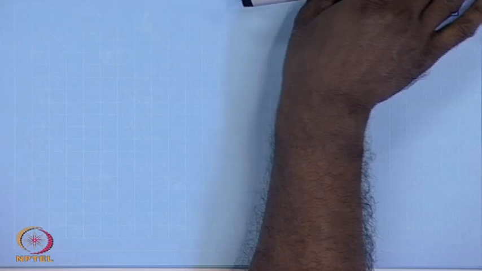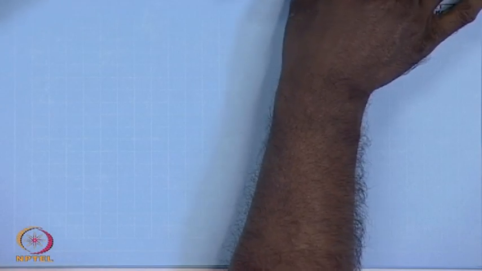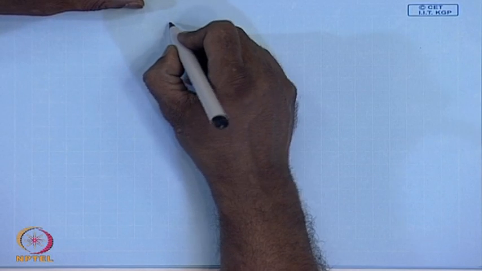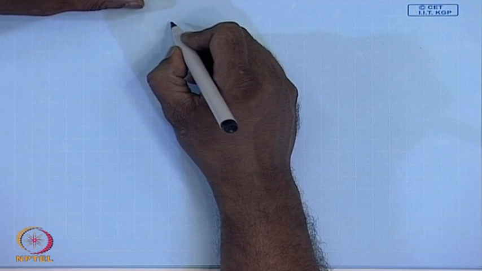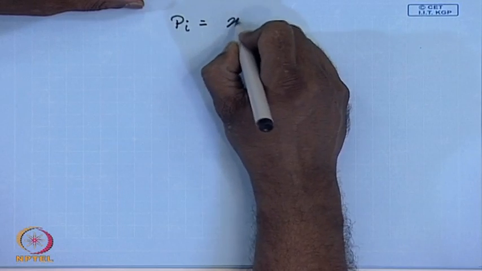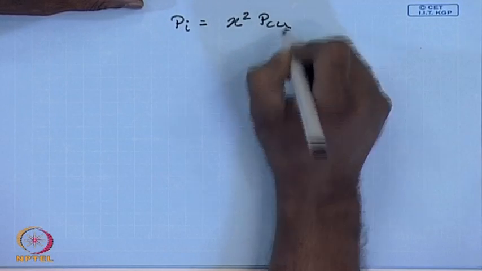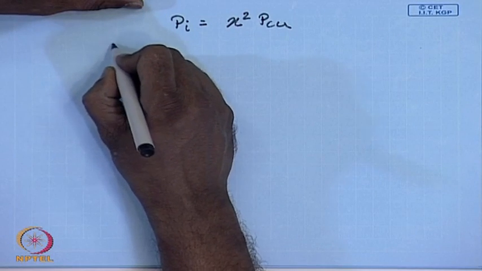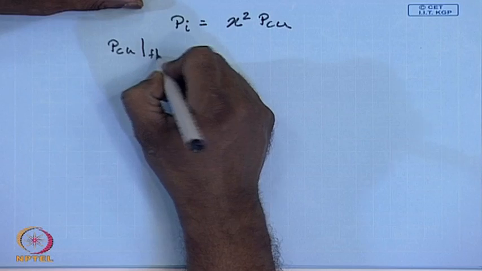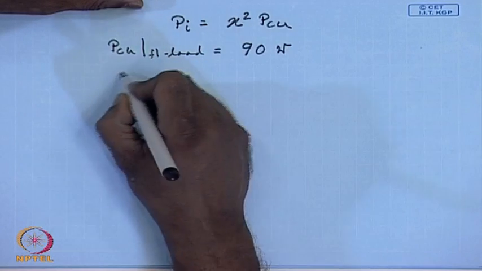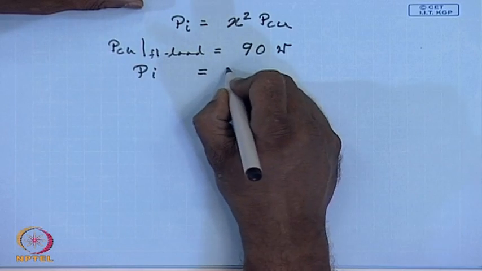It will be interesting to find out at what load the efficiency of the transformer will be maximum. Let that load be x, then we know from the condition of maximum efficiency that at the loading at which efficiency is maximum, PI equal to x square PCU, where x is the fractional load. From the short circuit test data, PCU at full load equal to 90 watts and PI equal to 35 watts.